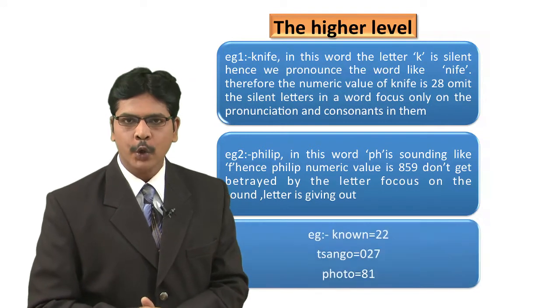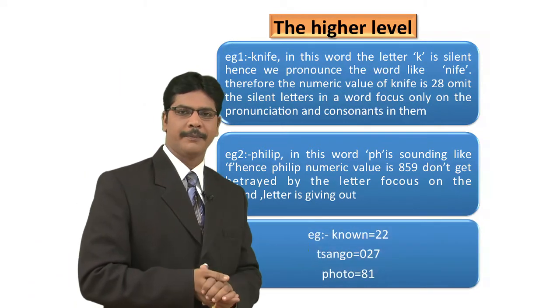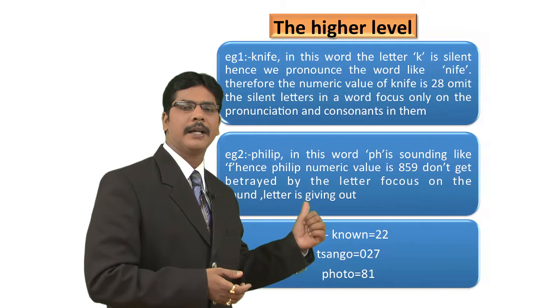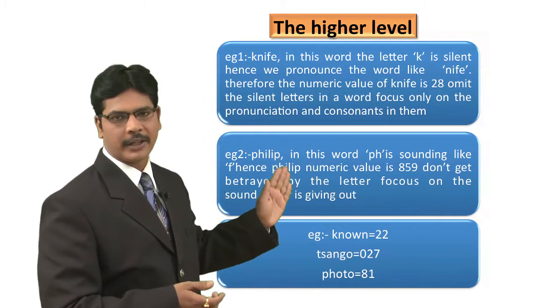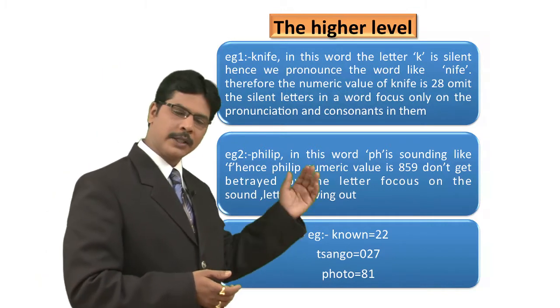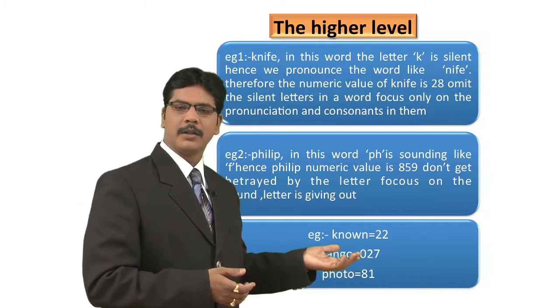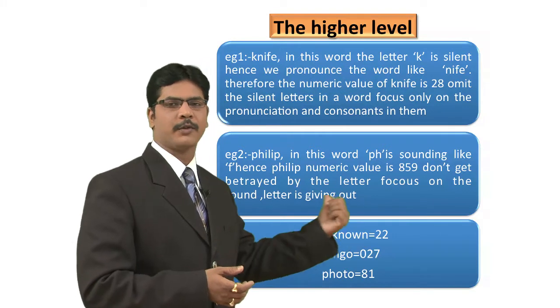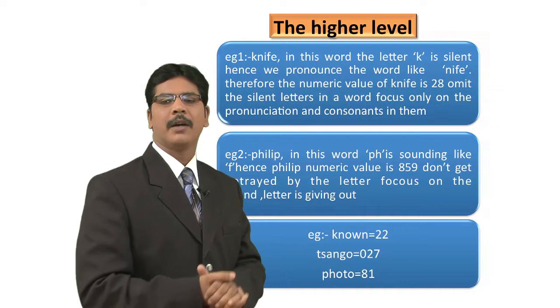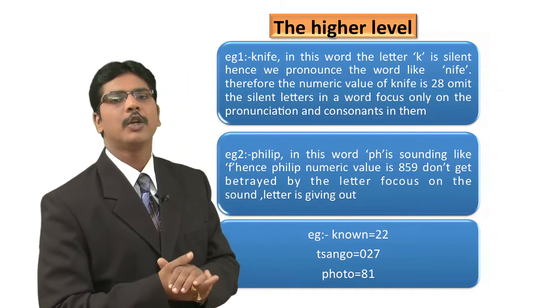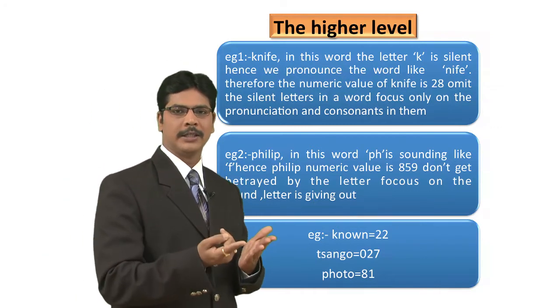Let's take one more example of a word, something like known, K-N-O-W-N. Here, K is silent, so omit that. W is an invalid letter, so omit that. O is a vowel. For the rest of the letters, it's N and N. Write the numeric value, and the answer is 22. See, K is silent there.